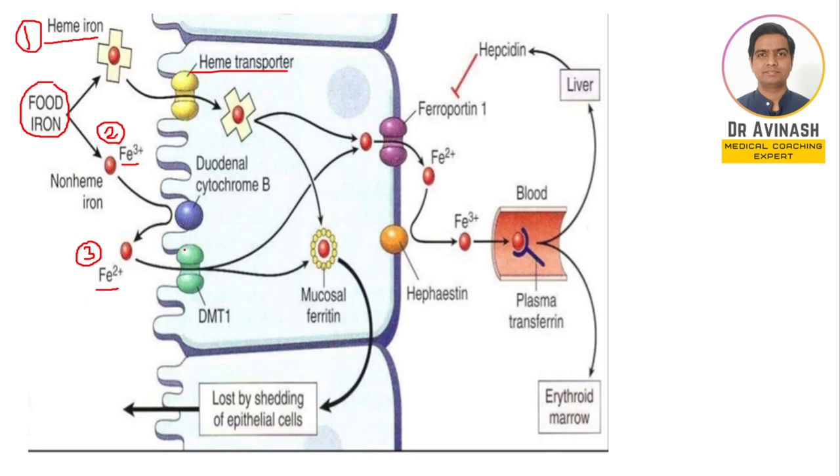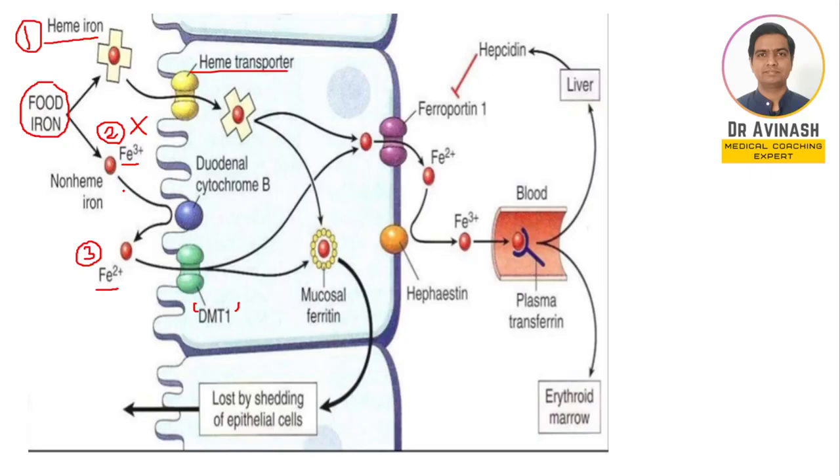Fe2+ is not a problem because we have a special transport protein called DMT, divalent metal transporter number 1. This DMT1 helps in absorption of Fe2+. Fe3+ ion cannot be absorbed the way it is. It has to be first converted into Fe2+.